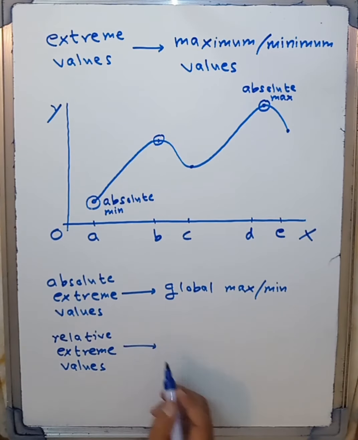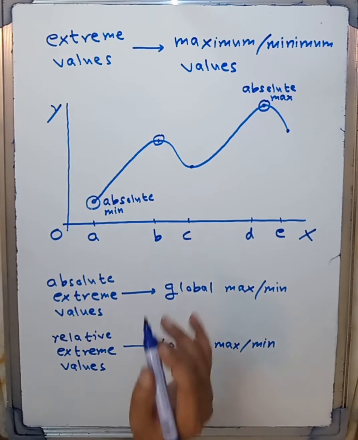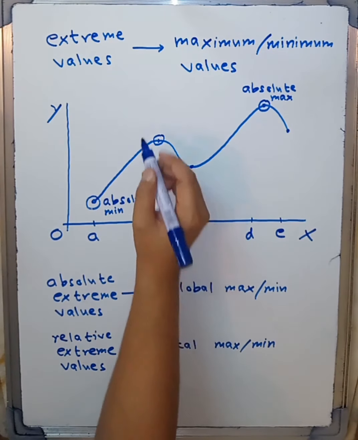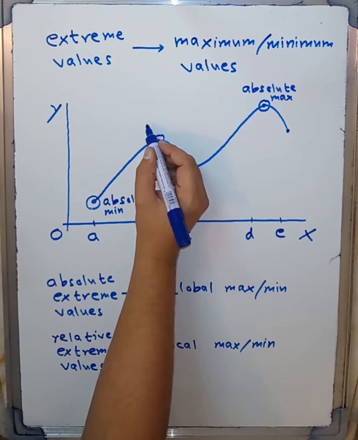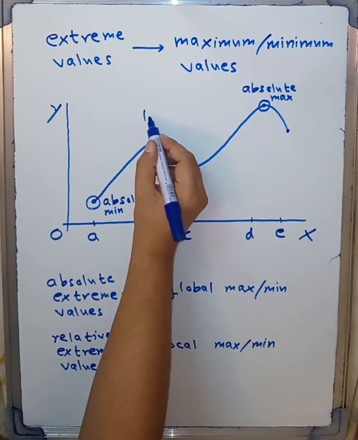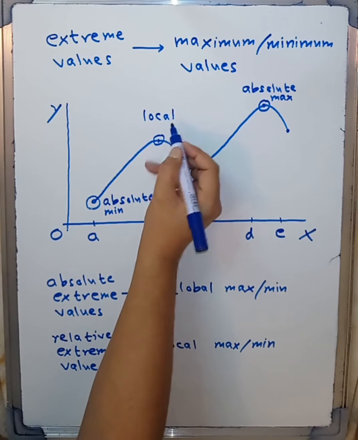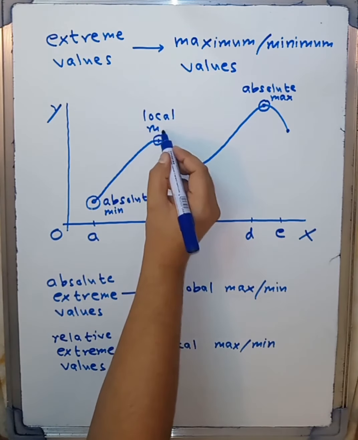This means we are talking about the local maximum and minimum values. So the value at point B is a local or relative maximum. We can use any word.